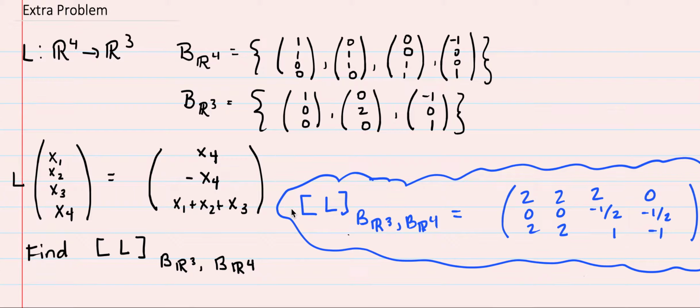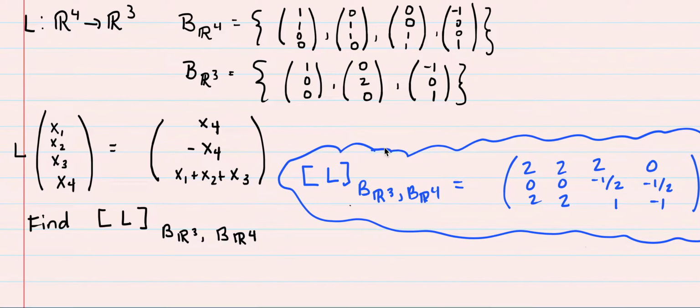We found that the matrix that represents this linear transformation, L, that takes R4 into R3, is this matrix right here. And we want to just kind of verify it a little bit. We want to see that for any vector v in our vector space R4, actually we're going to choose a particular vector.